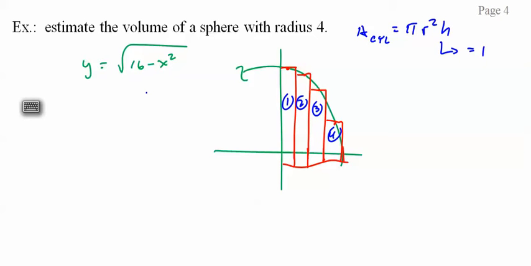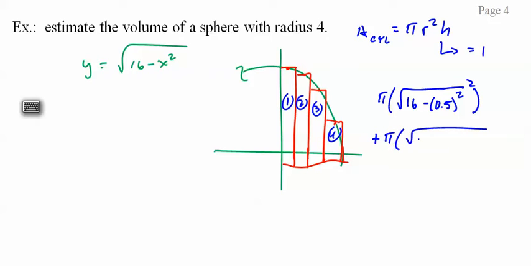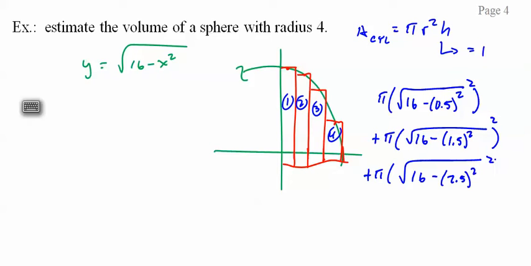So we're over here with pi times 16 minus 0.5 squared squared plus pi times 16 minus 1.5 squared squared plus pi times 16 minus 2.5 squared squared plus pi root of 16 minus 3.5 squared squared.